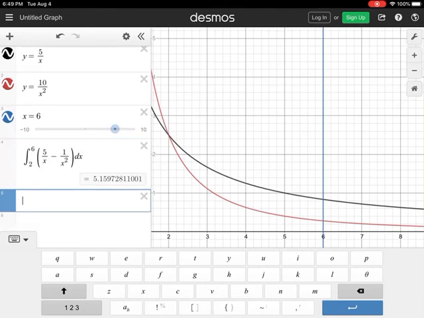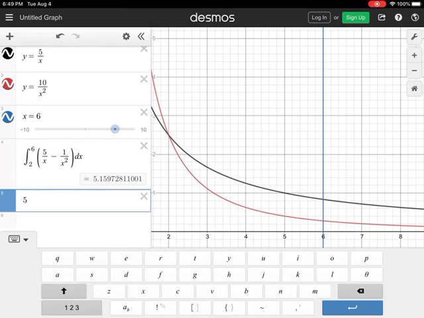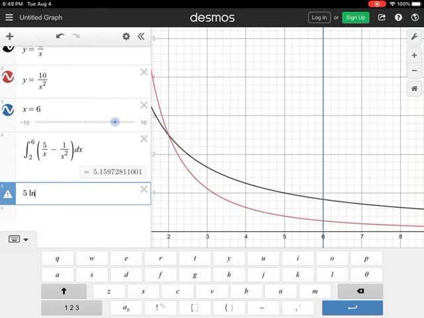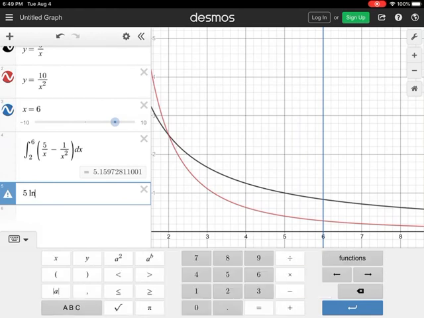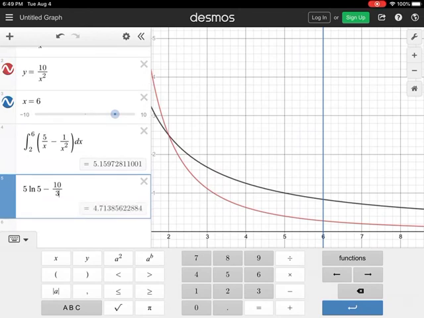Well, let's write our algebraic answer, 5 log of 5. Let's see, 5 times the ln, I think it'll recognize that, log of 5. Yep, it does. Minus 10 divided by 3.